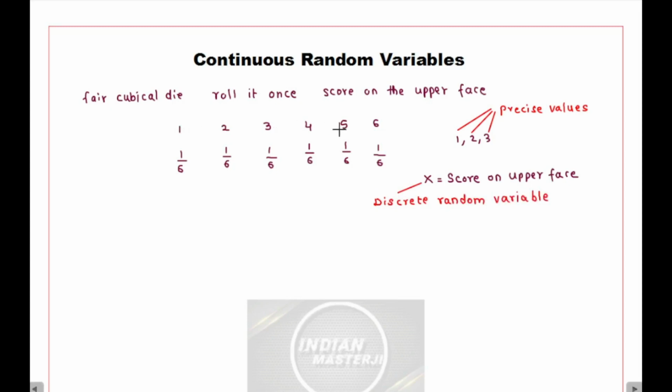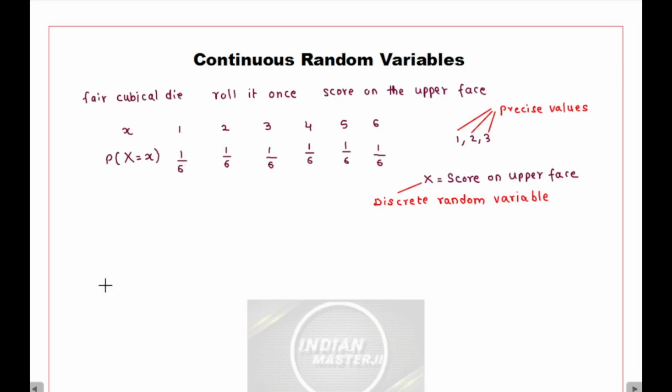Now these values I'll represent by a small letter x, and this discrete random variable can take any of these particular values. Correct? So if I say what is the probability of X taking a particular value small x, you will say if small x is 1, then the probability of X taking a value 1 is equal to 1 by 6, and so on.